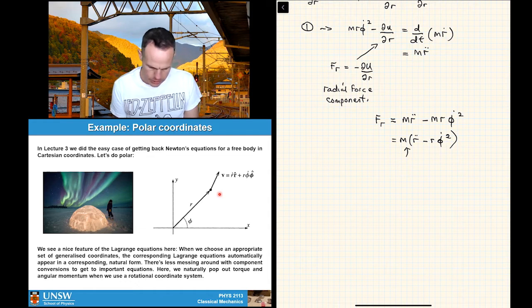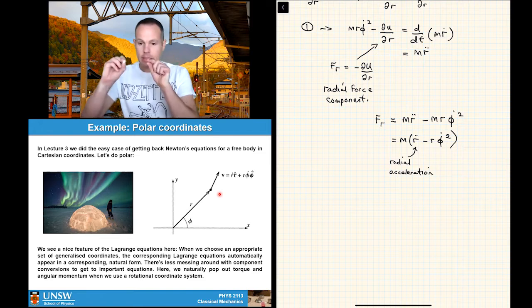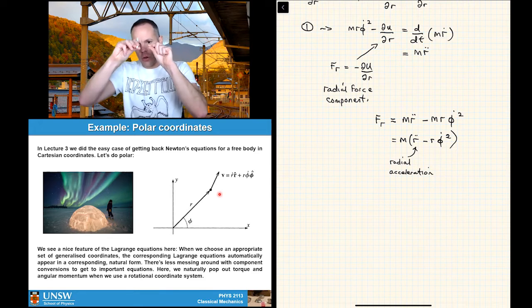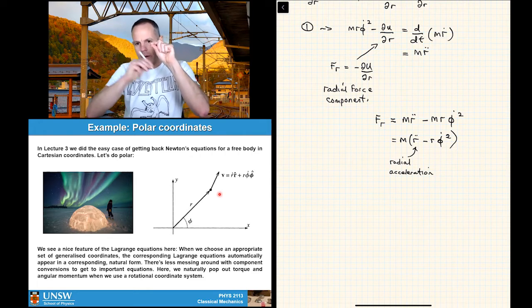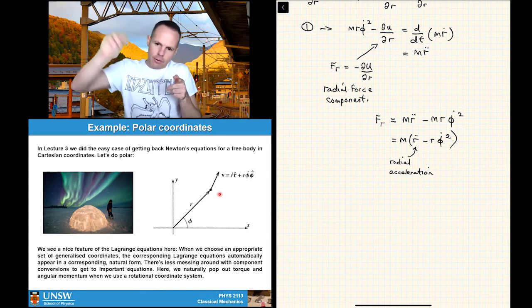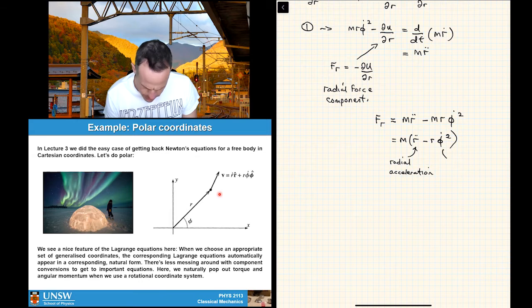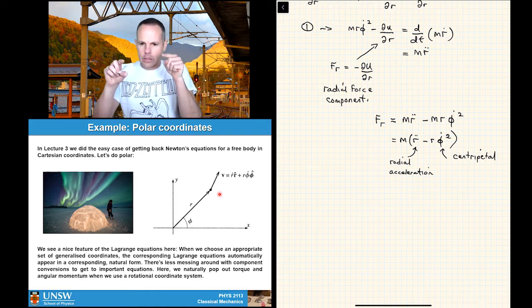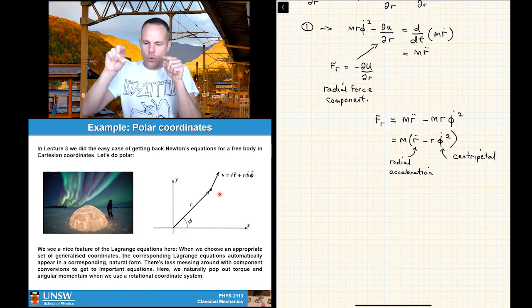And then we know what these two components are, right? This thing here is just the radial acceleration, which basically means, if my particle's not executing a perfect circle, but it's accelerating along the radial directions in either way, then that's that part of the term, right? And then this part in here is just a centripetal force term, and that requires phi dot to not be 0, okay?